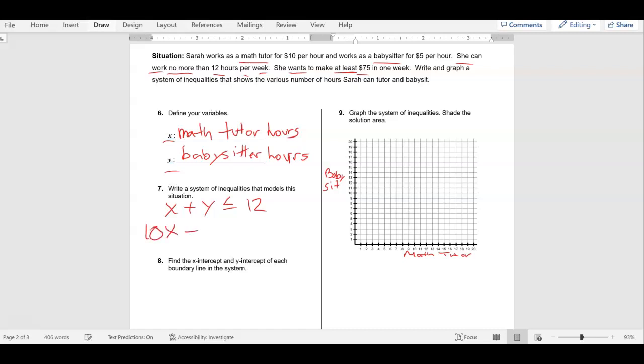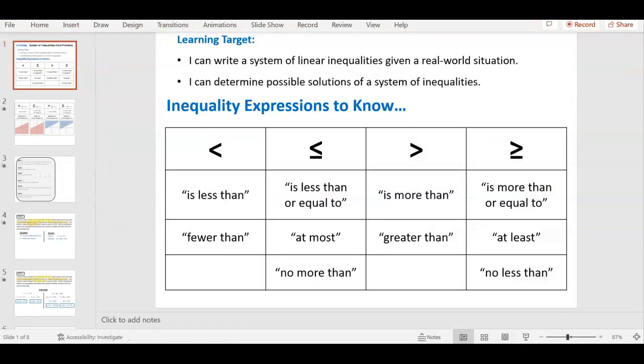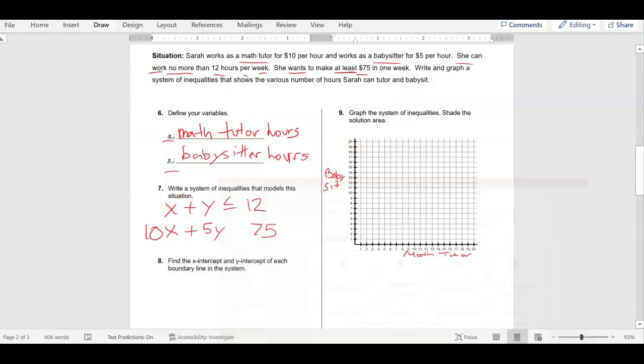And then what's going to be in front of Y, my babysitter? 5Y. She wants to make at least 75 bucks, so I can put my 75. But what does at least mean? It can be more. If the least is 75, it can be more, but what about equal? Because that would be the least, okay? Going back to my notes, at least is the fourth column there, greater than or equal, right?